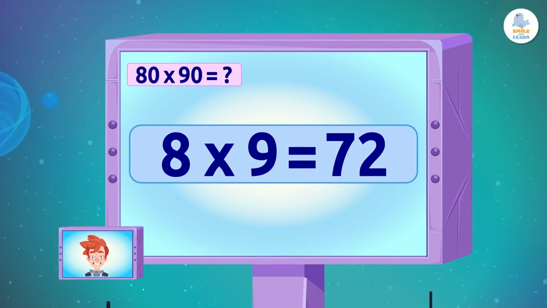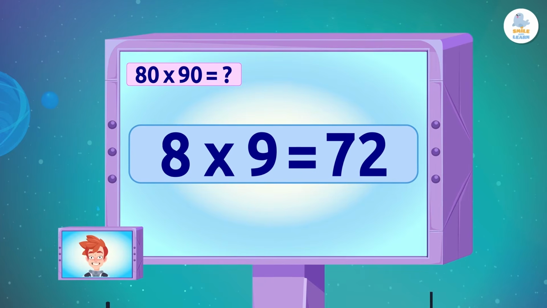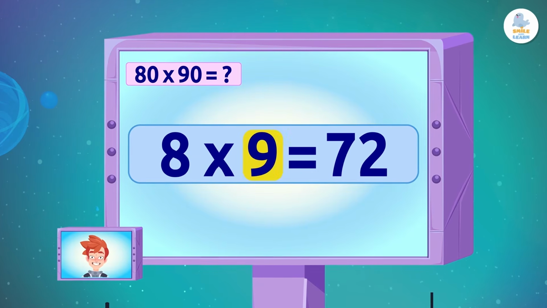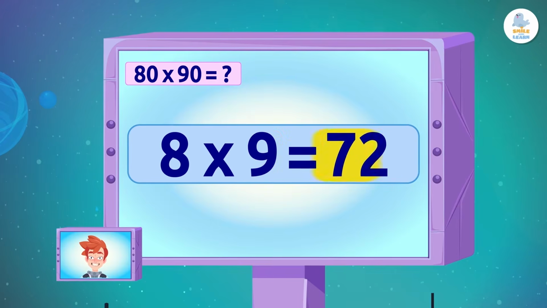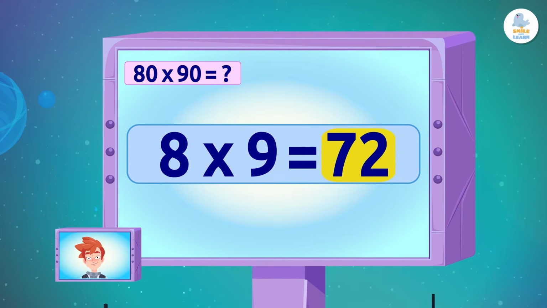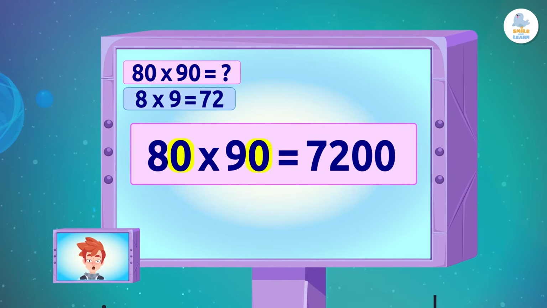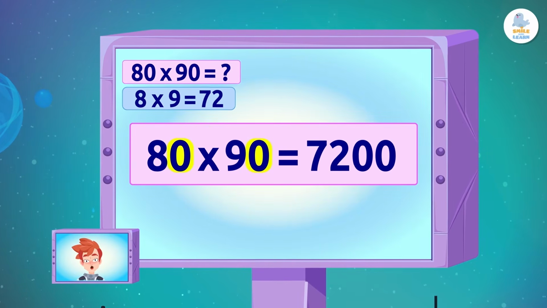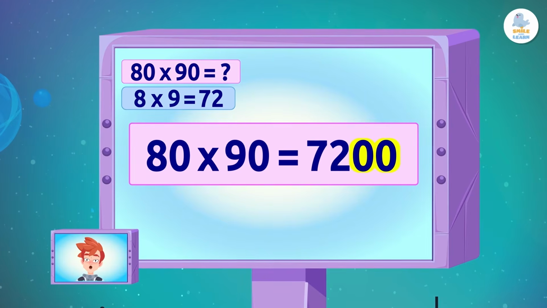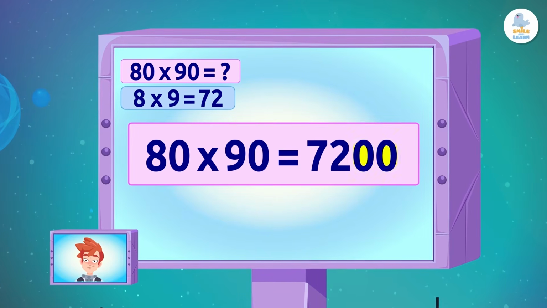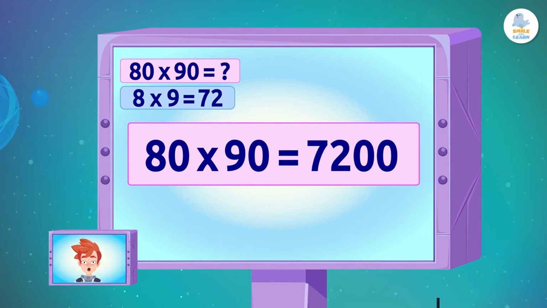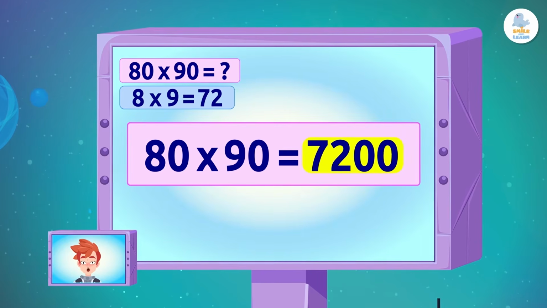We will start by multiplying the non-zero numbers, that is, 8 times 9, which gives us 72. Then, we count the zeros from the numbers we want to multiply and add them to 72. So the final result is 7,200.